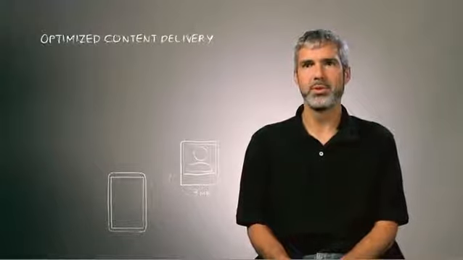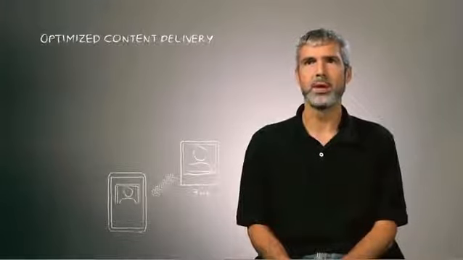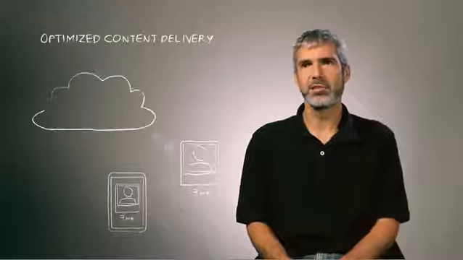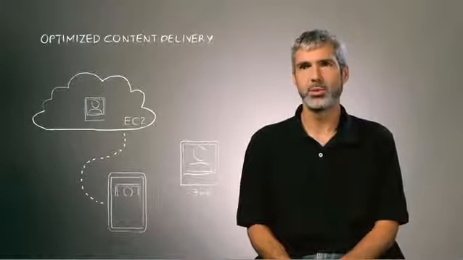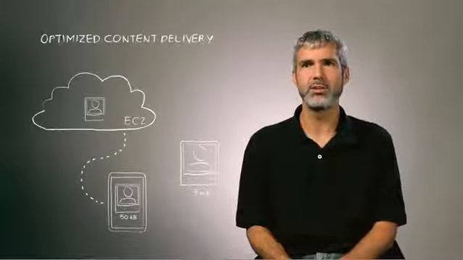Because we've built this cache on top of the Amazon Utility Computing systems, it doesn't take a single byte of storage on the actual device itself, and that provides a much better user experience. We can optimize what we're sending back to the device to account for screen size and pixel depth. There's no point in giving you a 3 megabyte JPEG if it's going to look the same at 50K. So we'll make that image 50K, and it'll get to your browser a lot faster.